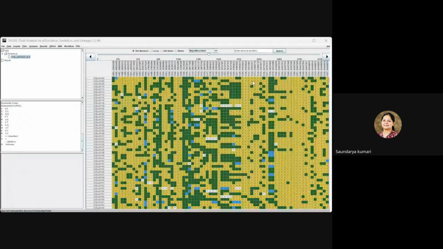Sir, I didn't do the GWAS, but I'm answering on the basis of QTL mapping.